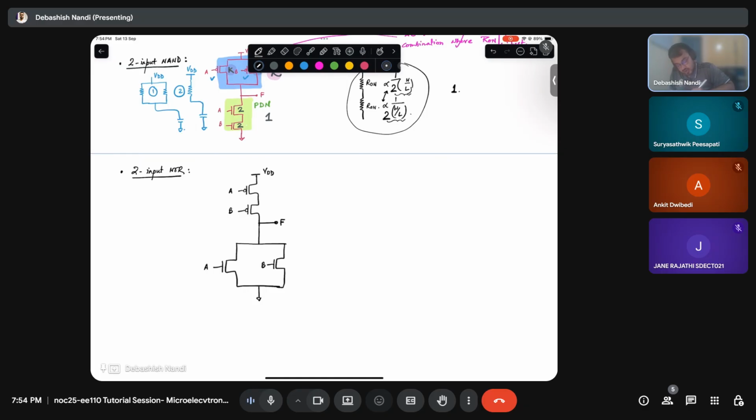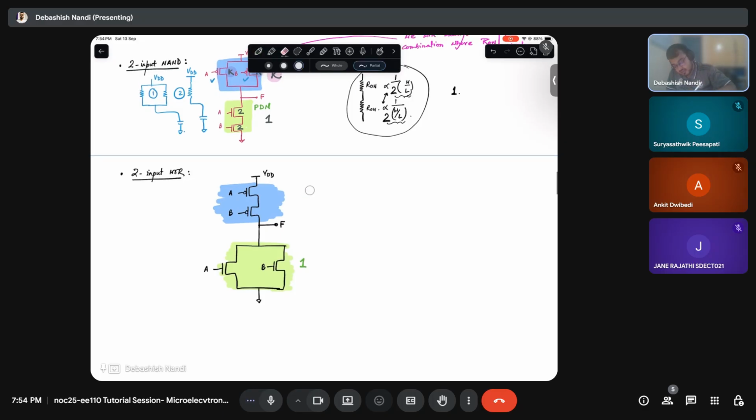So this is my NOR gate, a 2 input NOR gate. Again, this is my PDN, this is my PUN. I will have overall size 1 here, and I need to have overall size K here. Is that much clear? This is coming from the mobility condition. Is that much clear?